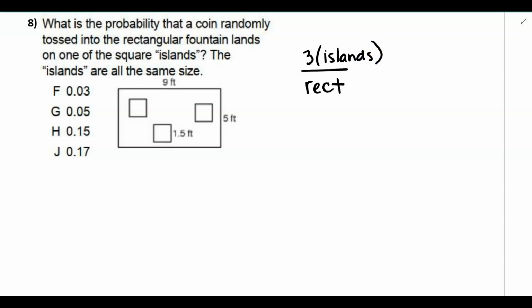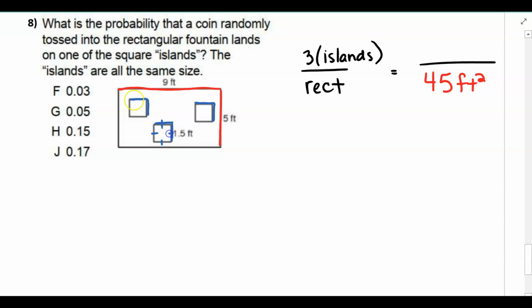So first, the area of the entire space that it could land within is a 9 by 5 space. So we have a 45 square foot space that it is going to land within. Out of that 45 square foot space, it has 3 islands that it can land on that are squares with dimensions of 1.5 and 1.5, right?